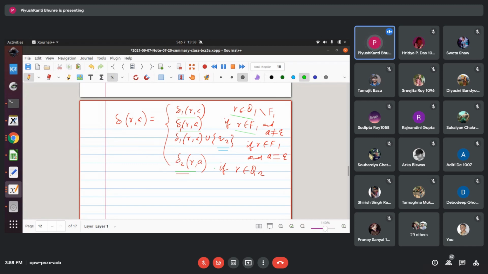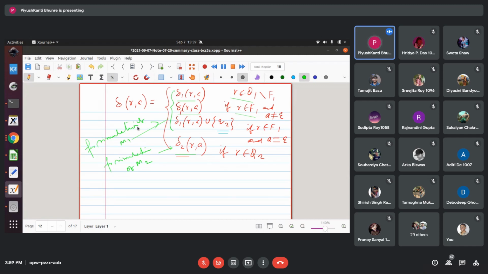For the set of all states, the transitions we are copying from M2, we are simulating M2. Here is the simulation of M1, sequentially. So X and Y are coming from A and B. Similarly, we simulate the machines M1 and M2 accordingly so that it can recognize the prefix by M1 and the suffix by M2.